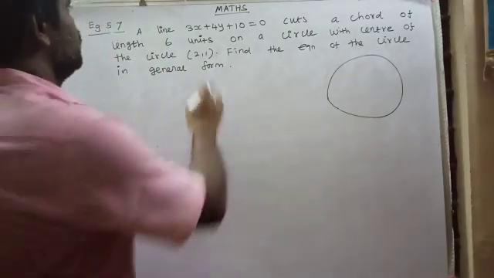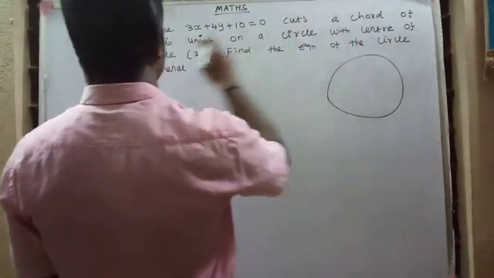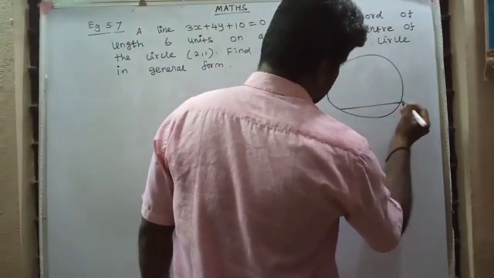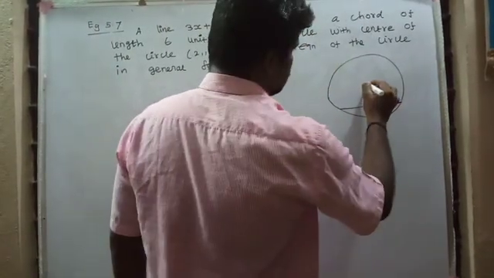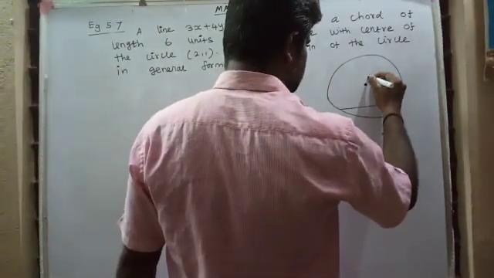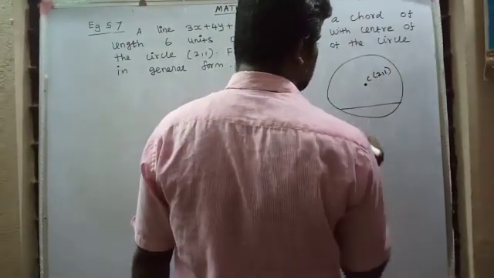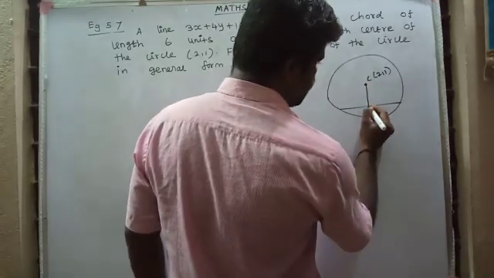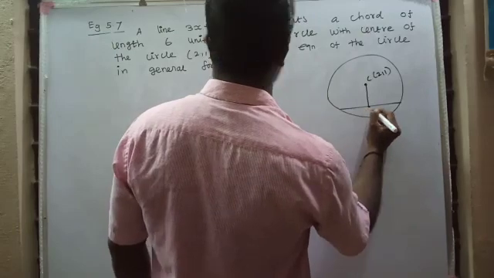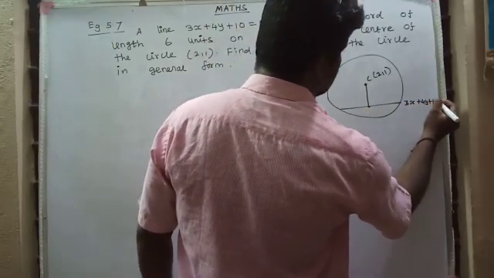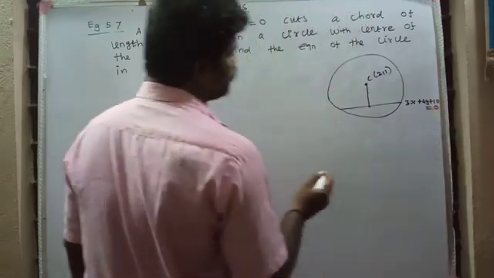The line cuts a chord of length 6 units. This is the chord of the circle, and the given center of the circle is 2, 1. This is C, 2, 1, and we draw the line that cuts the chord. The line is 3x plus 4y plus 10 equal to 0.